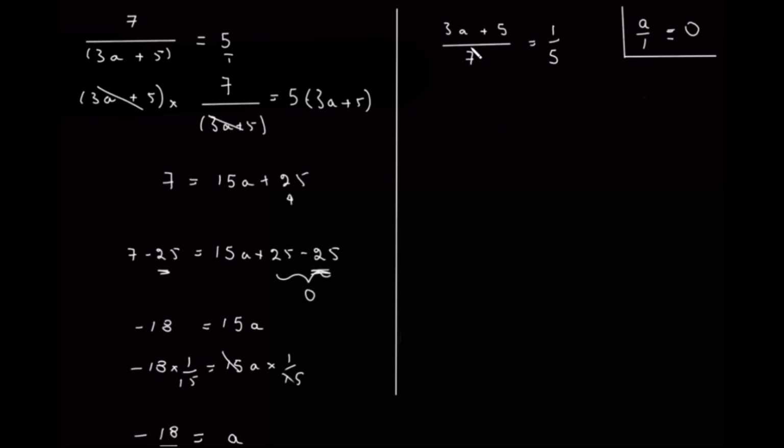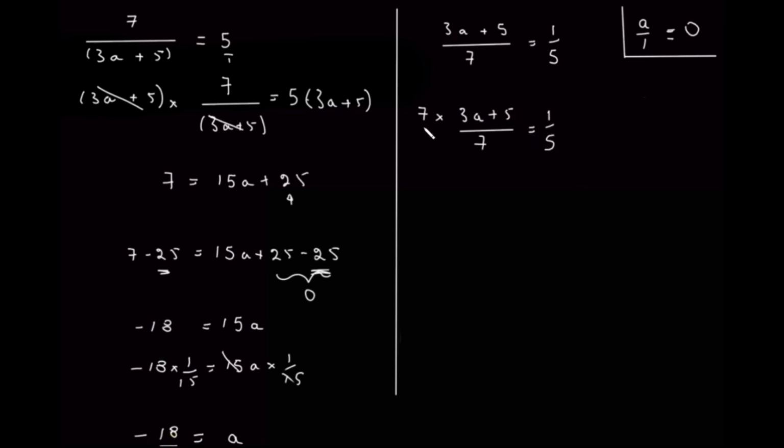But we need to get rid of the 7. Remember, divide or multiply. If you want to get rid of something, change it into 1. So what I do is I multiply both sides by 7. So we end up with 3A plus 5 over the 7 equals 1 over 5.